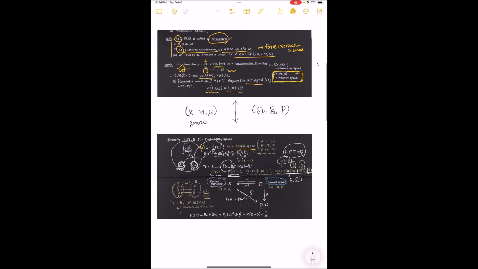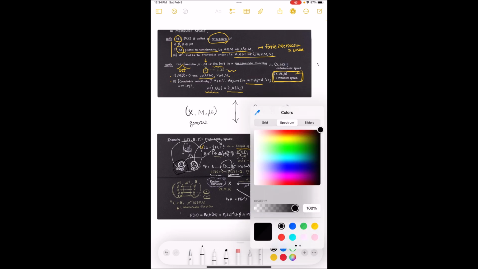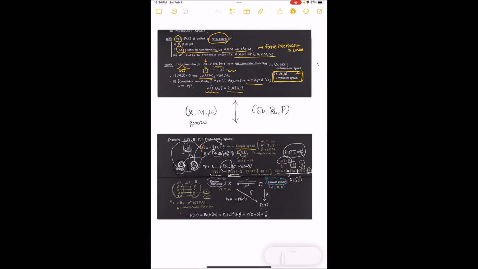But note that, as you see, in fact, H and T are so abstract. What is mathematically H? What is mathematically T? We know H is a head and T is a tail. But that is our imagination.